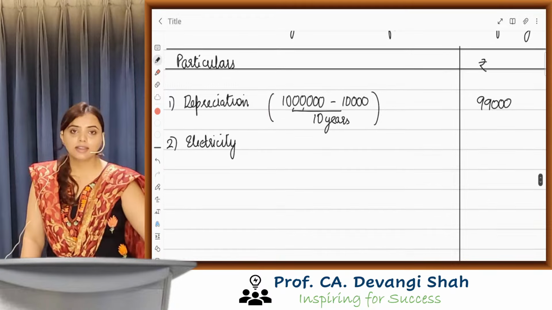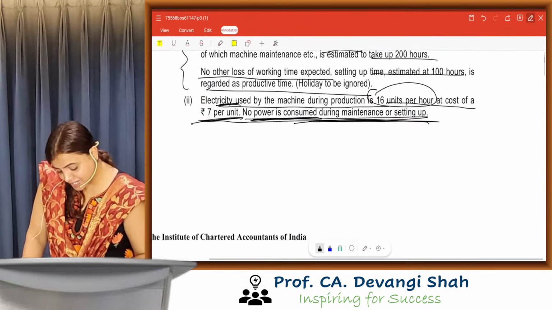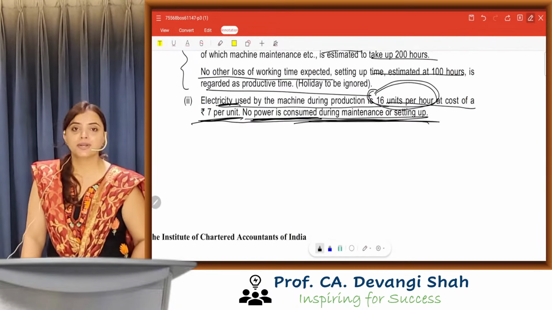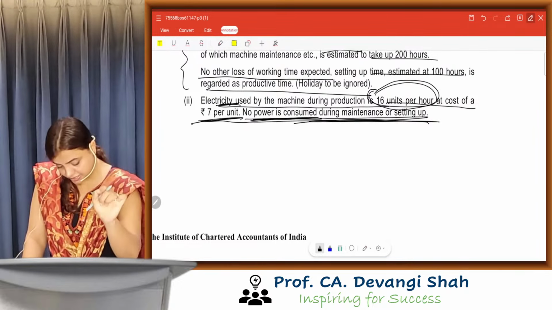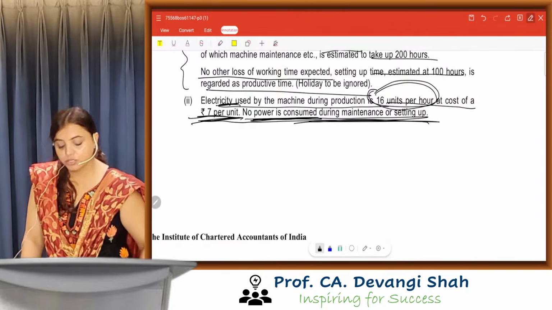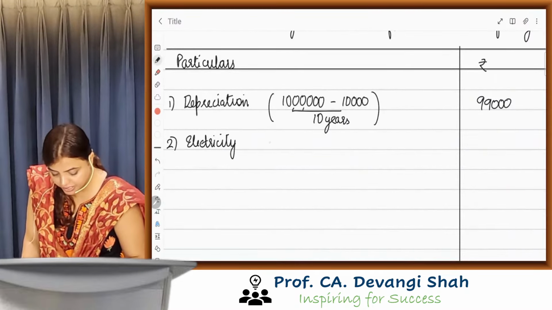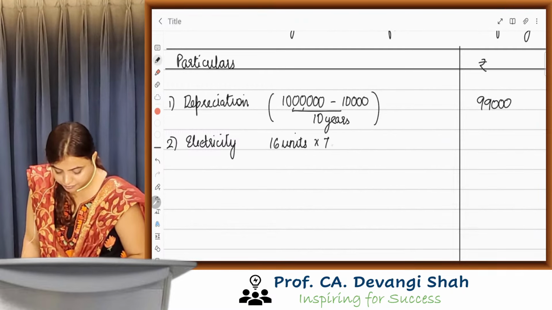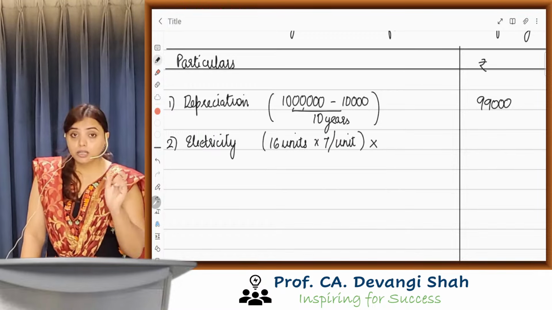Electricity cost is 16 units per hour, and every unit is costing 7. So can I say that per hour cost of electricity is 16 units into 7 per unit? And this is going to be the cost for 1 hour.